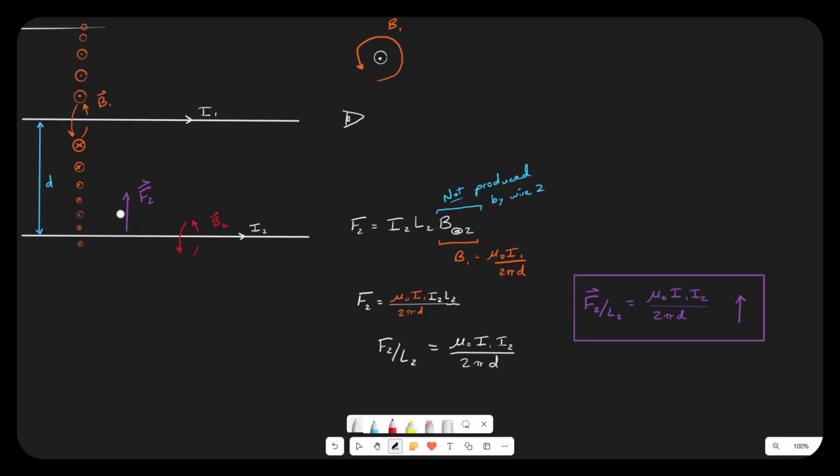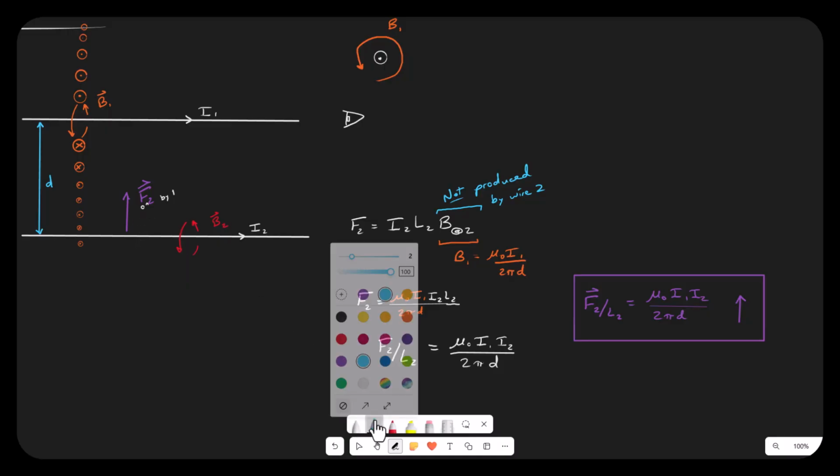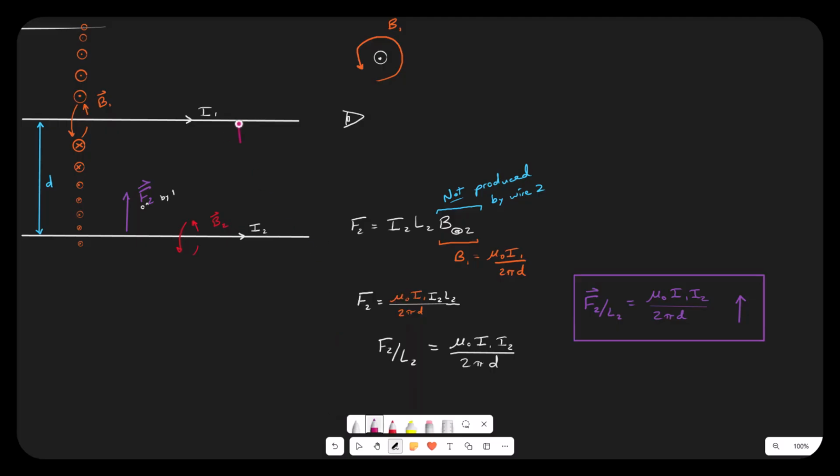Force 2, this is the force on 2 by 1. The force on 2 by 1. I'm going to also look for the force on wire 1. I'm looking for the force on wire 1 by wire 2.